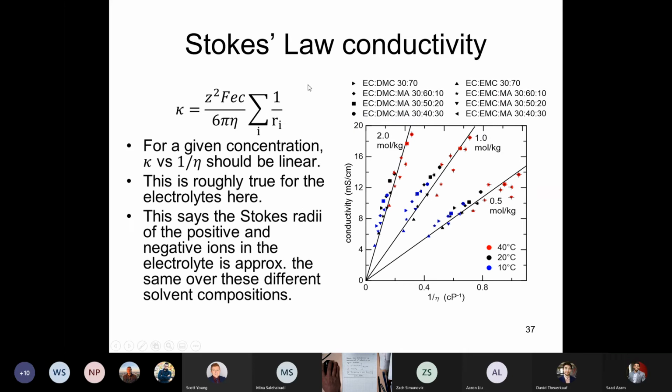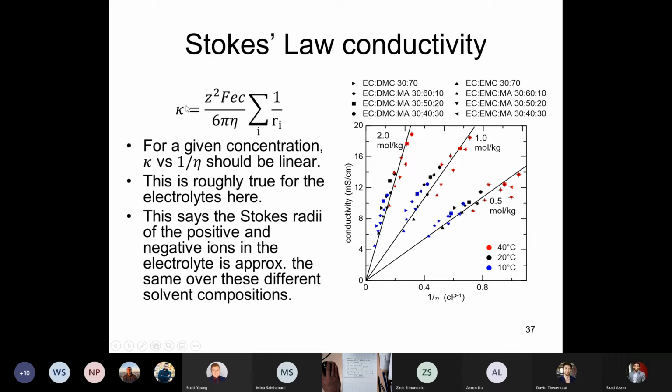Yeah, so then Eric Logan made this lovely graph. If you think about conductivity for a particular electrolyte that has the same ions, so the Stokes radii should not vary, if you have lithium plus and PF6 minus, it should be inversely proportional to the viscosity of the solution.